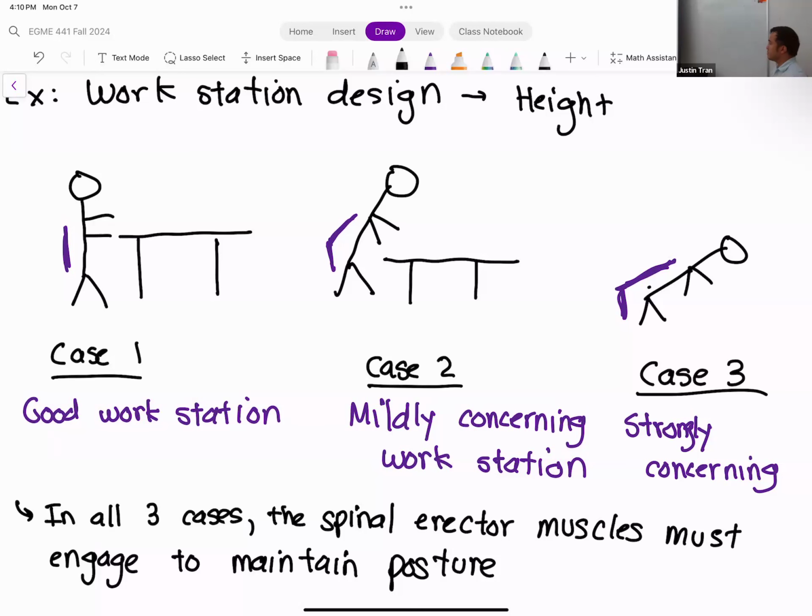But of course, depending on the nature of the workstation and how much the person has to bend over, the spinal erector muscle may have to do more work in some cases than in others.